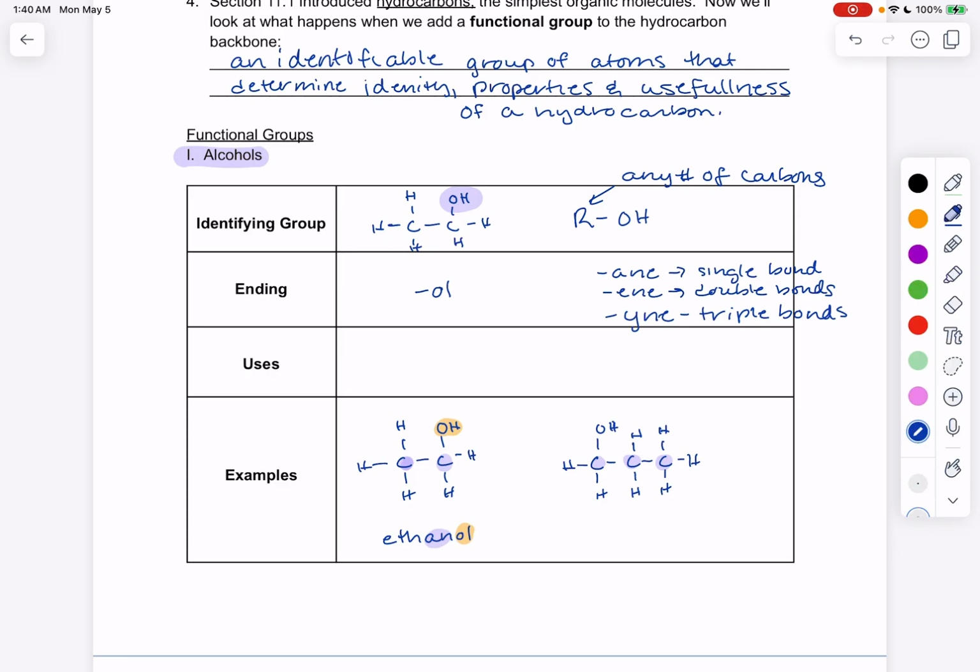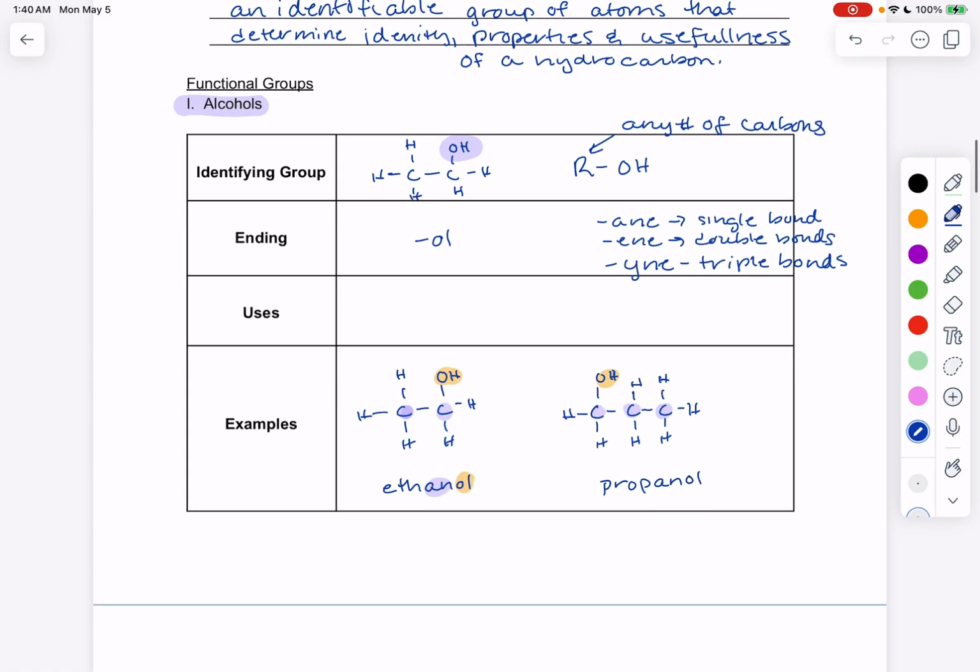So it's going to be something with PROP. Now, there's no double bond, so I'm going to go ahead and put A in. But off of one of ours, we have this hydroxyl group, which makes us have to put OL at the end. Now, that one is at the first carbon, so we put 1-propanol.